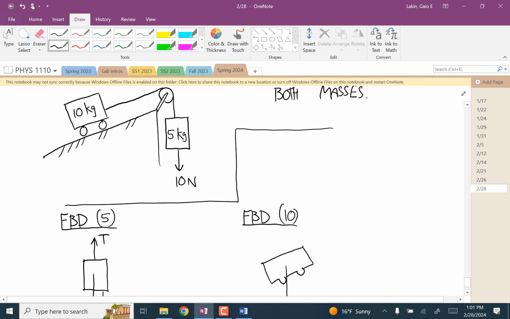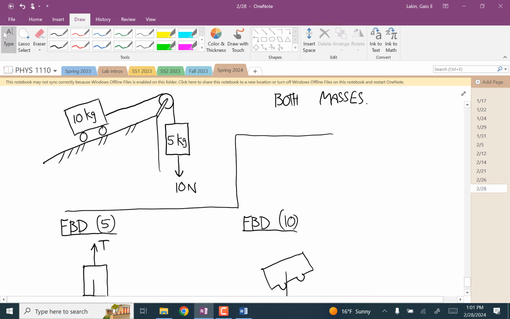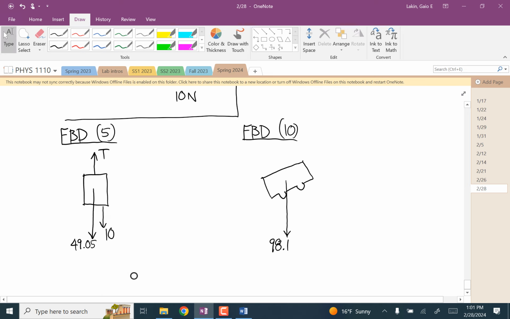Now there's a pushing force from the incline. That force is perpendicular to the surface toward the chosen body. So that's going to be at an angle like this. And I'll give that the name N.